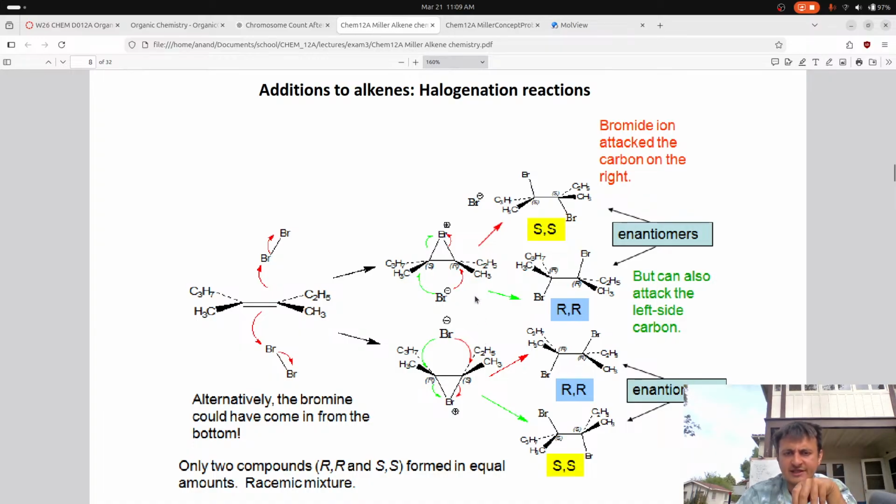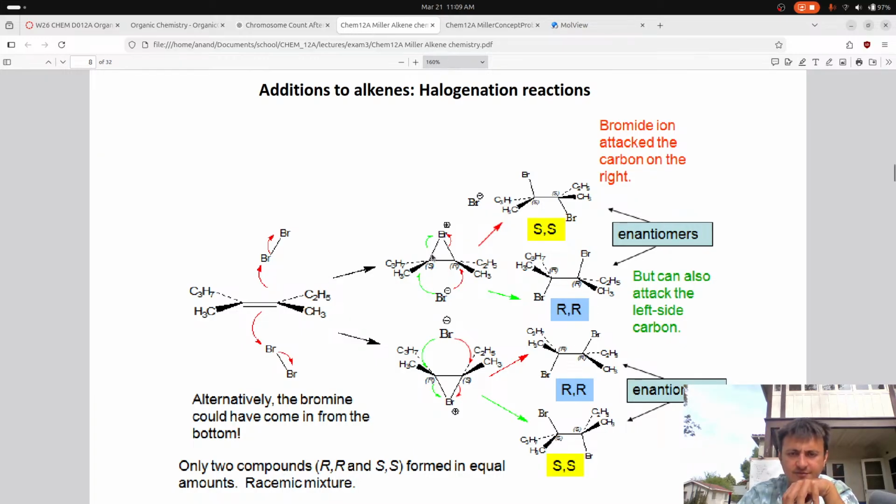And the interesting thing is, because we get this bromonium ion, the electron density is higher on the top plane, or, without loss of generality, the bottom plane. And then the negative bromide ion can attack from the bottom or the top.